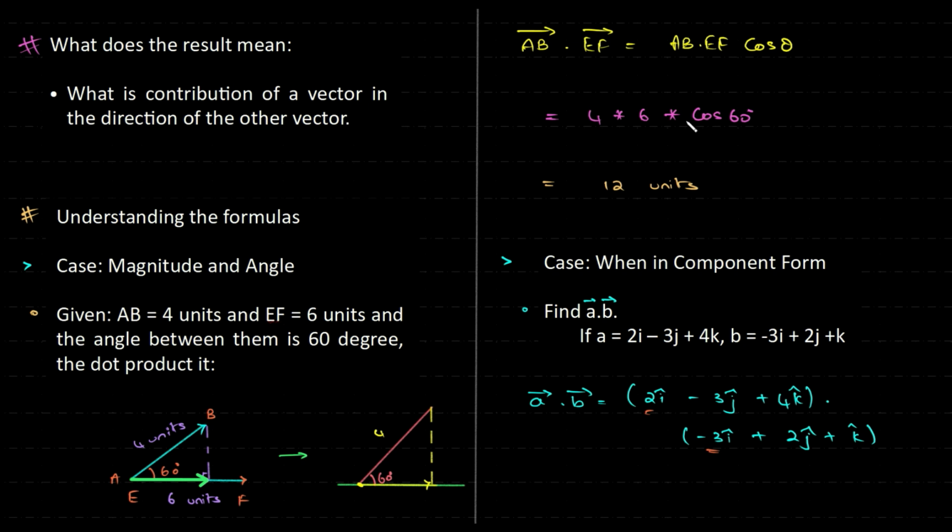So projection into the other vector. Again, these are not definitions from a textbook or something. This is a fundamental idea, a base for us to understand things. A starting point, basically. So these are two examples of how to go about finding the scalar product between two vectors given the magnitude and the angle, and in component form.